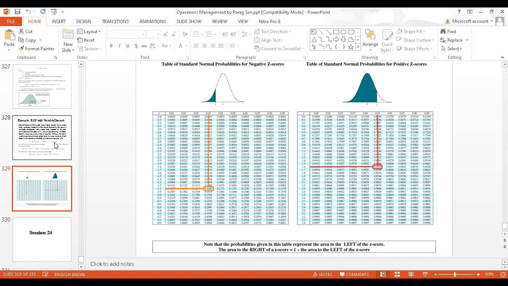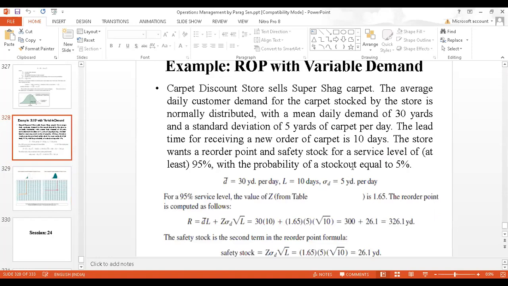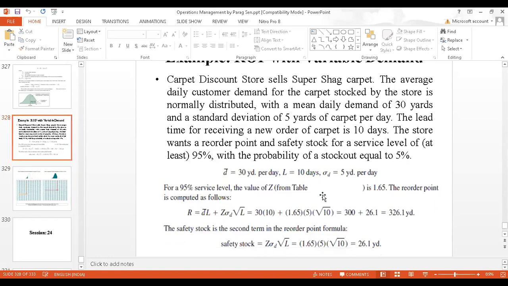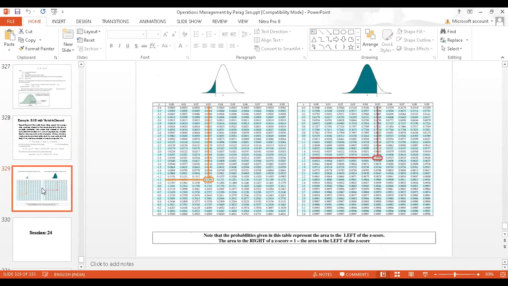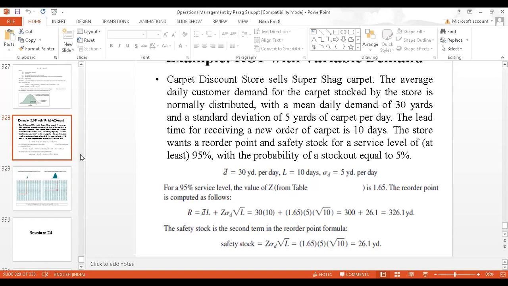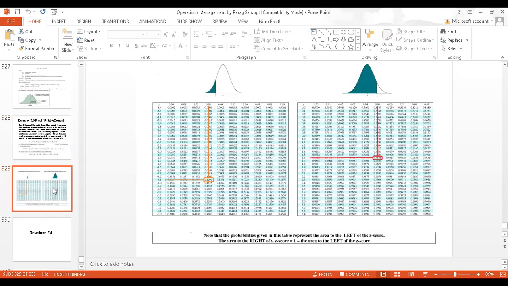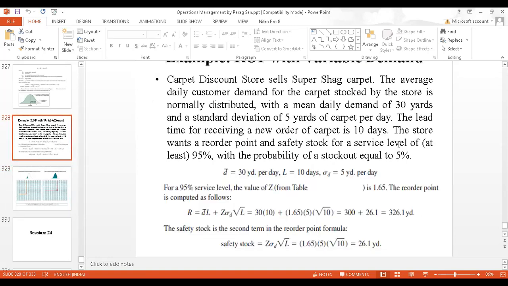Suppose you desire a service level of 13%, okay, it is not actually desired in practice.